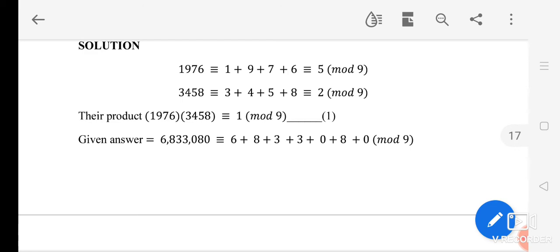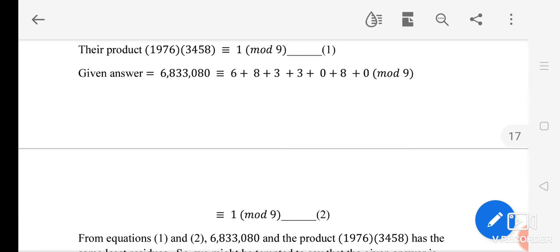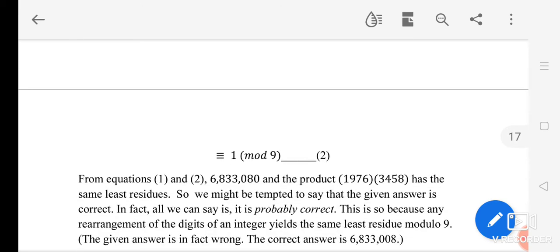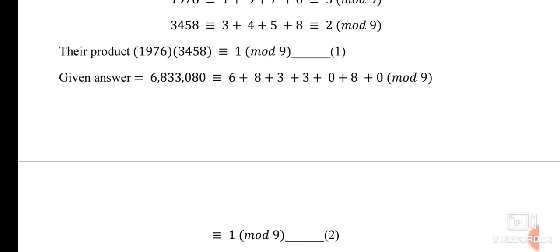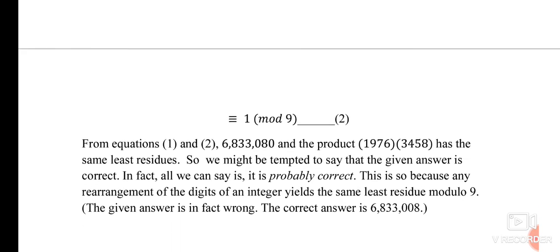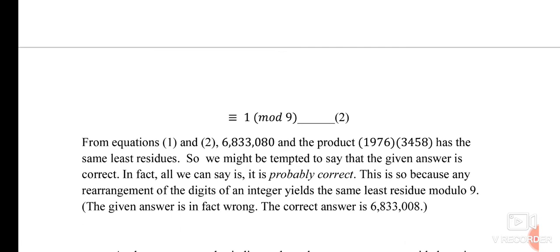Its sum of digits is 6 plus 8 plus 3 plus 3 plus 0 plus 8 plus 0, which is congruent to 1 modulo 9, equation 2. From equations 1 and 2, 68,33,080 and the product of 1,976 and 3,458 have the same least residue.